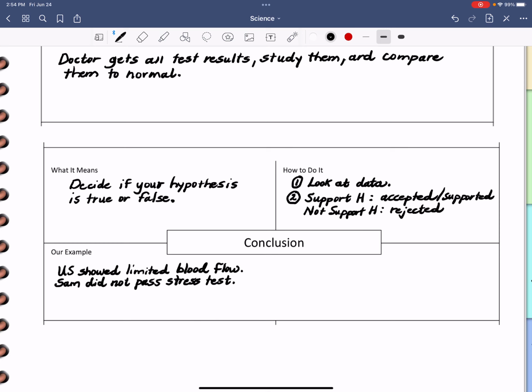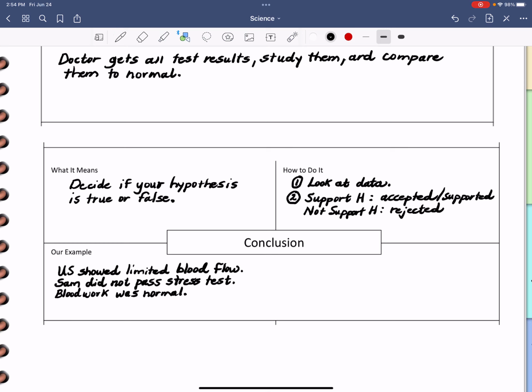And then the blood work, well, let's just say that the blood work was normal. Because this is usually how research works. You're not going to have 100% support for a hypothesis or 100% rejection. It's going to be a mixture sometimes.